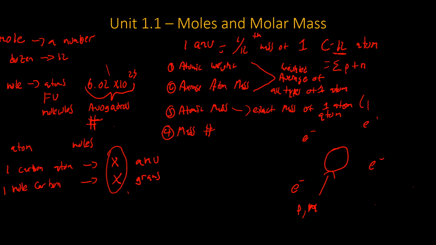Most of it does come from protons and neutrons. Some mass comes from other places, but the vast majority of it comes from protons and neutrons. That being said, we have this idea of a mass number, which is going to be equal to the number of protons plus the number of neutrons in any one given element. This value over here, that 12, is going to be known as your mass number.